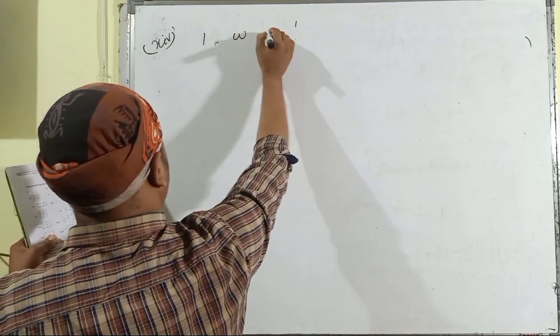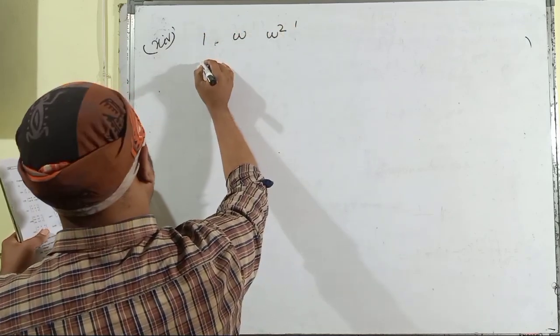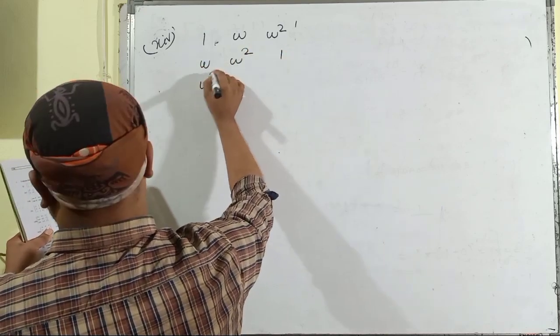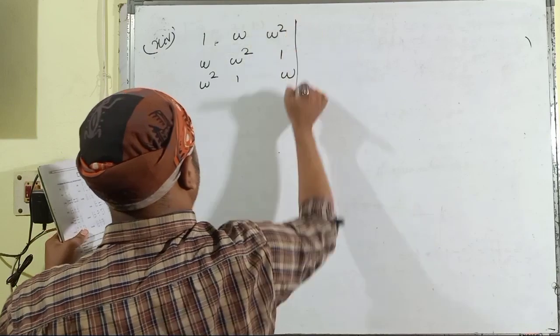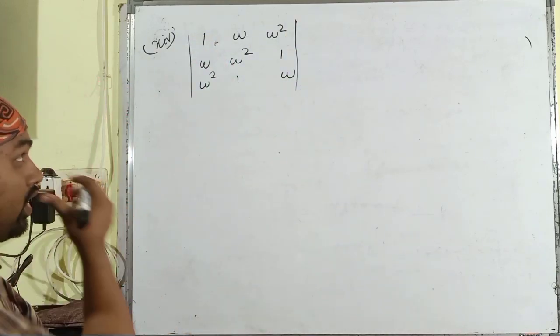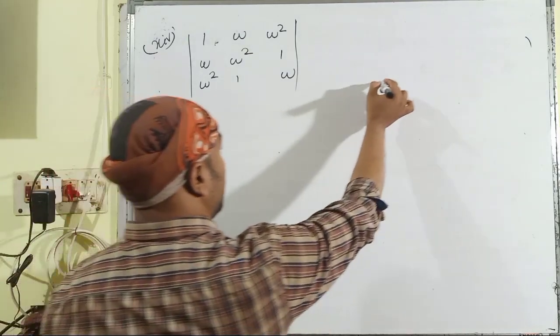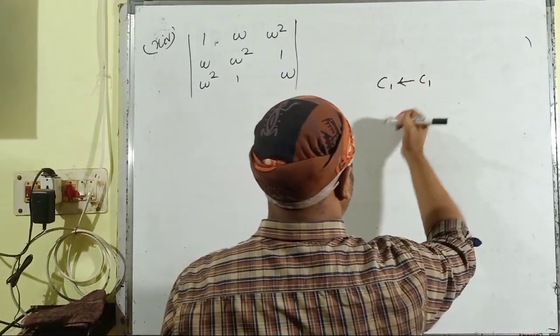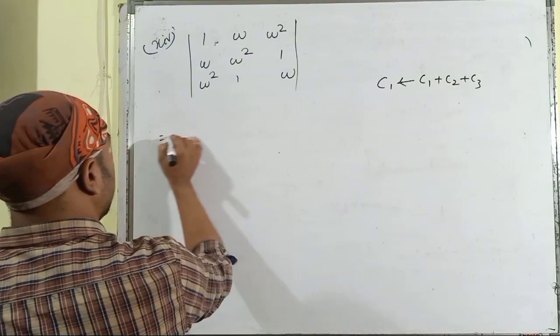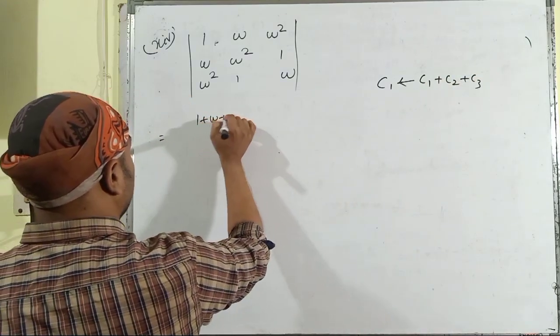1, then omega square, and here it is omega square, 1, and then omega square, 1, omega. First of all, let us apply column 1 replaced by column 1 plus column 2 plus column 3. Then what are we getting here? 1 plus omega square.